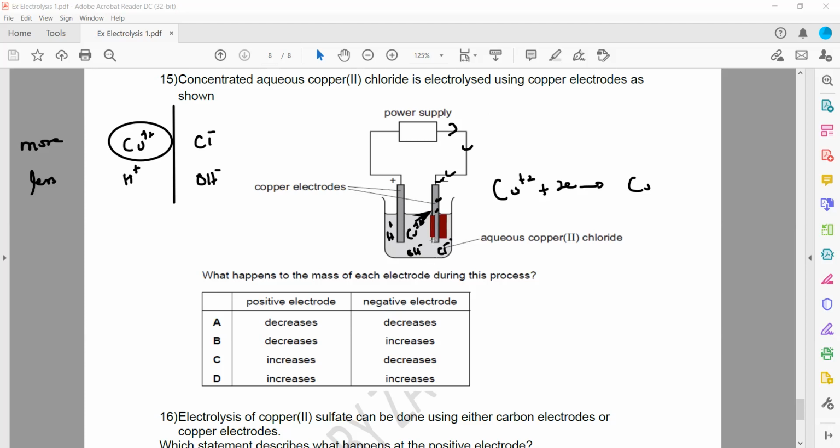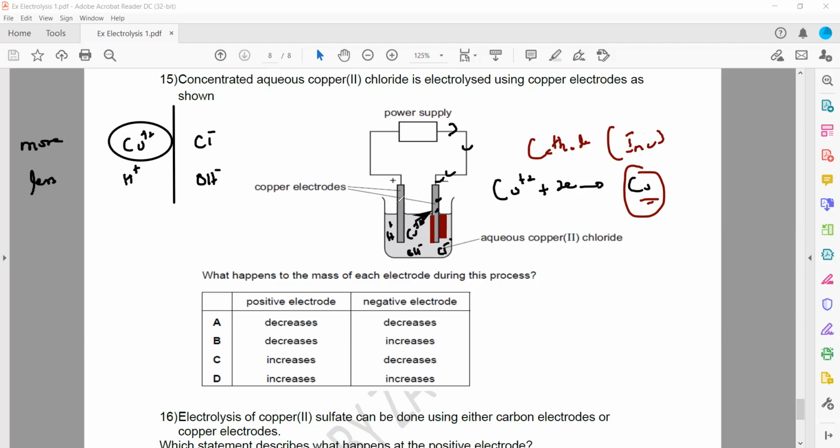So what happened to the negative electrode? Its size will increase because the copper ions from the solution are attracted towards that electrode and turn into copper atoms. As solid is formed, the size will increase.